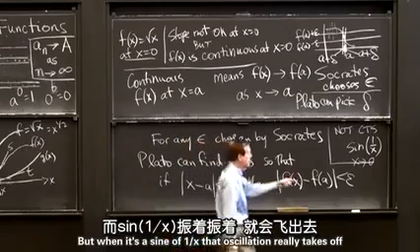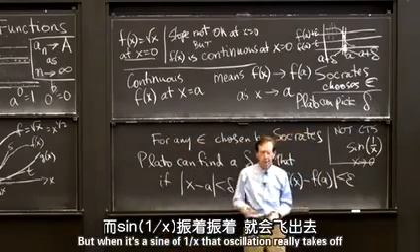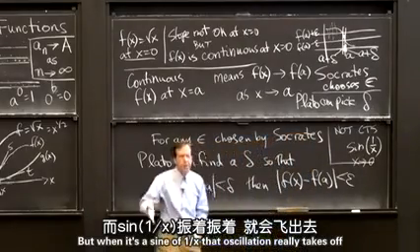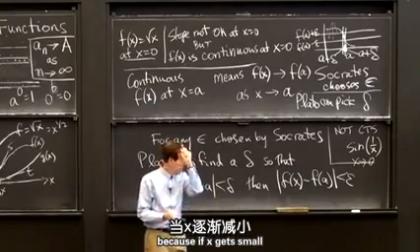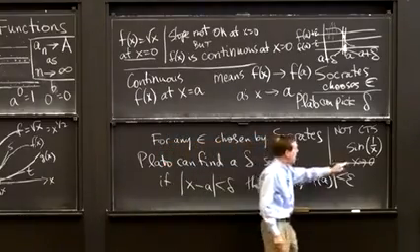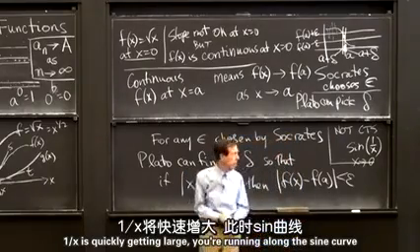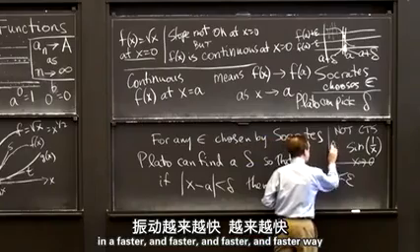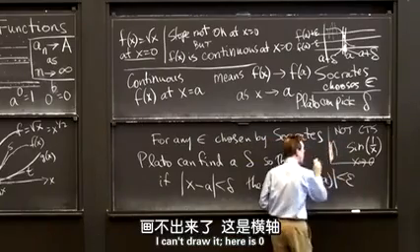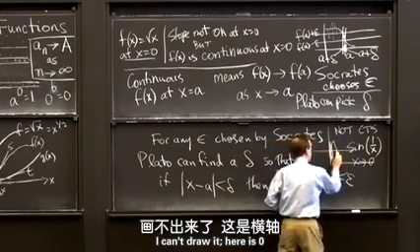But when it's the sine of 1 over x, that oscillation really takes off. Because if x gets small, 1 over x is quickly getting larger. You're running along the sine curve in a faster and faster and faster way. I can't draw it. Here's 0.